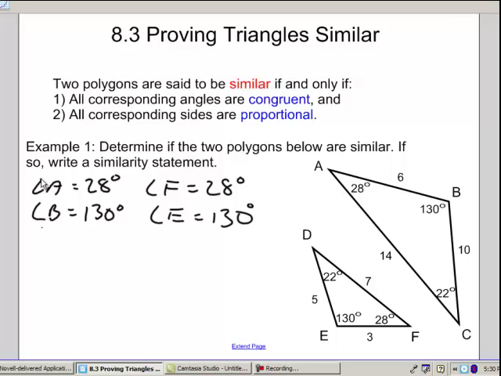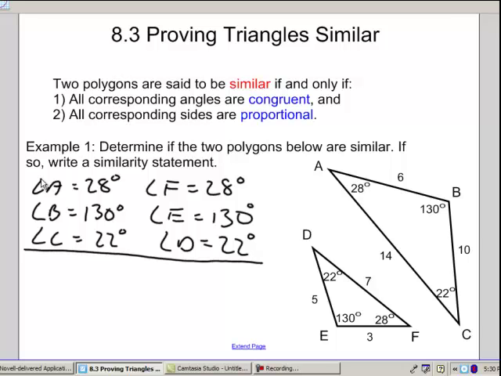Angle C is 22 degrees, and angle D is 22 degrees on the smaller one. So we have corresponding angles that are congruent. We're halfway there. All corresponding angles are congruent if we let A correspond to F, B correspond to E, and C correspond to D. Okay.